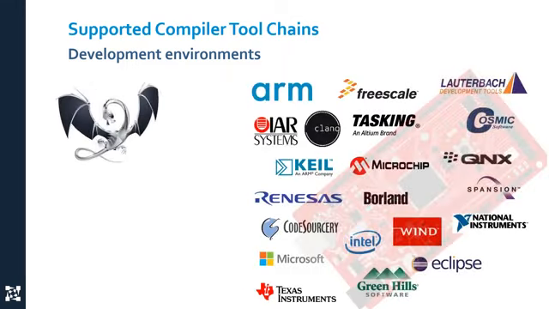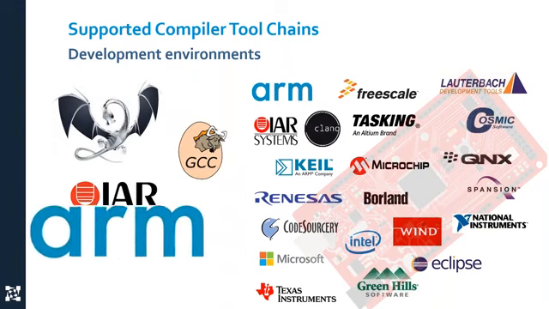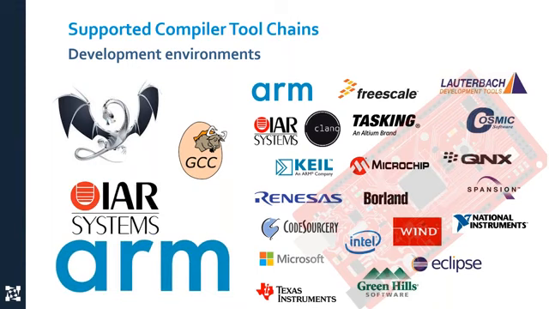So we have added Clang 10, GCC 10, IAR 8.5, and ARM Clang 6.14. And what I recommend is you visit our website for the full list so that you can see all of the latest ecosystem development toolchains that exist.